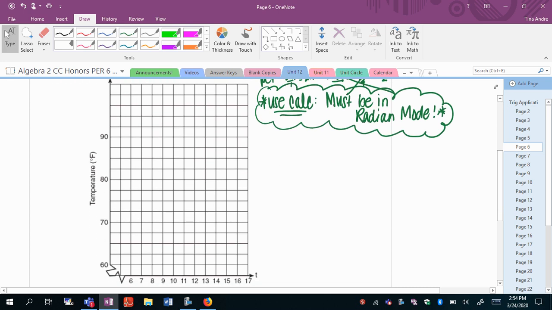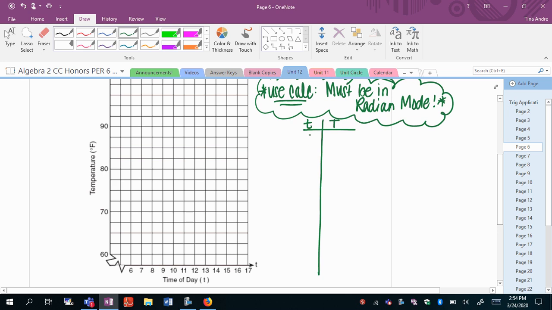And then I'm going to go ahead and make a long list of numbers here. So T is my input, capital T is the output. I'm going to graph from 6 all the way to 17. So 6, 7, 8, 9, 10, 11, 12, 13, 14, 15, 16, and 17. And then I'm just going to copy these right from my calculator.